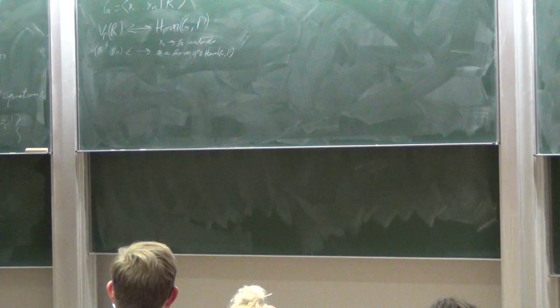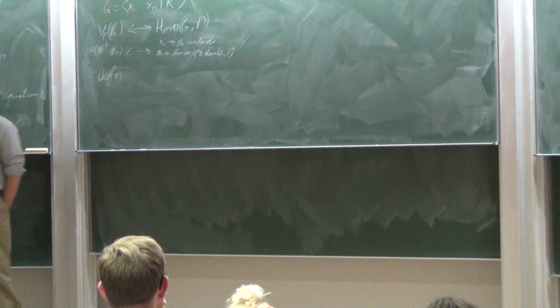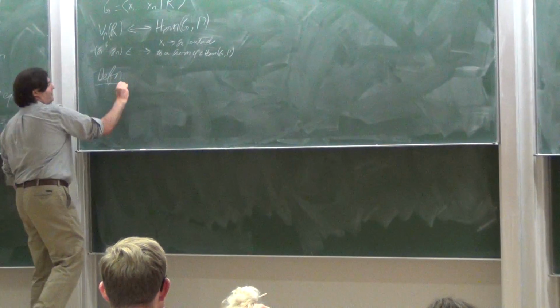So if we can't have a theorem, instead we can have a definition. Maybe it doesn't hold for all groups, but maybe it holds for some groups. So that's what we're going to do.